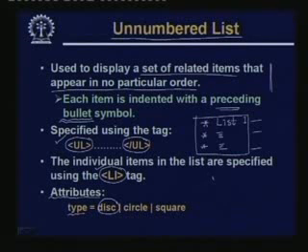If it is a disk, it is just a solid circle. If it is a circle, it means it is a hollow circle with no filling. Square means it will be a small square which will be filled up. Okay. So, the difference between disk, circle and square are these in terms of the way the bullet items are displayed at the beginning of the list.